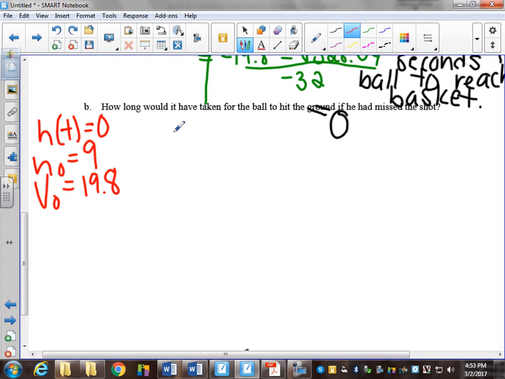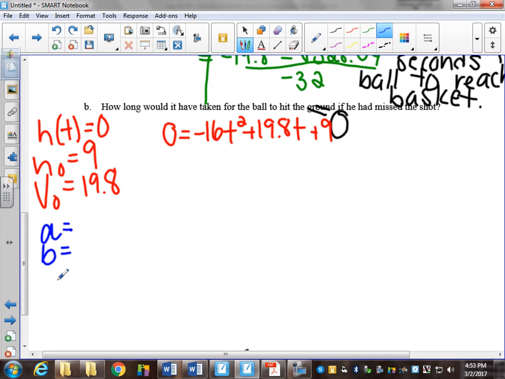So if we plug this into the formula, we have 0 equals negative 16t squared plus 19.8t plus 9. We can label our A, B, and C: negative 16, 19.8, and 9.